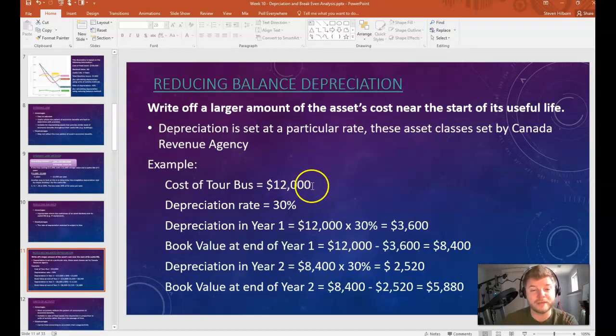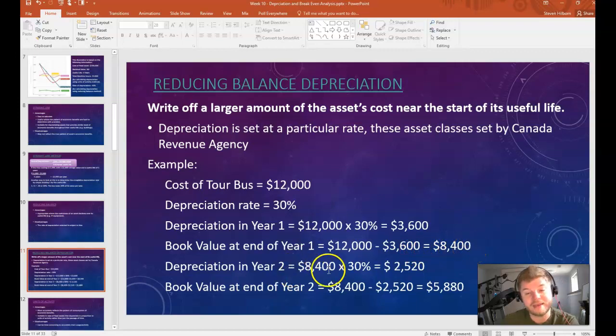The cost of the tour bus, as an example, would be $12,000, and we'll depreciate it by 30%. The first year, 12,000 times 30%, it will depreciate by 3,600. Then the book value at the end of year one is 12,000 minus the 3,600 that we depreciated, which is 8,400.